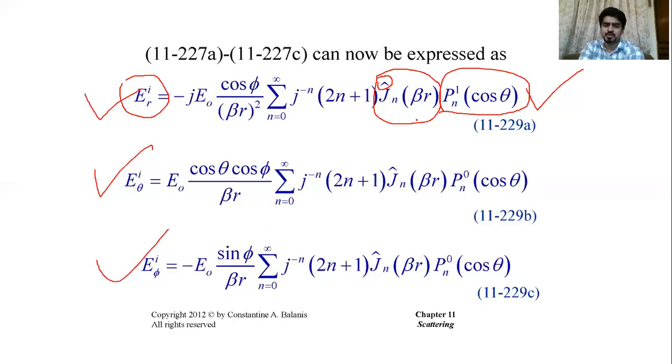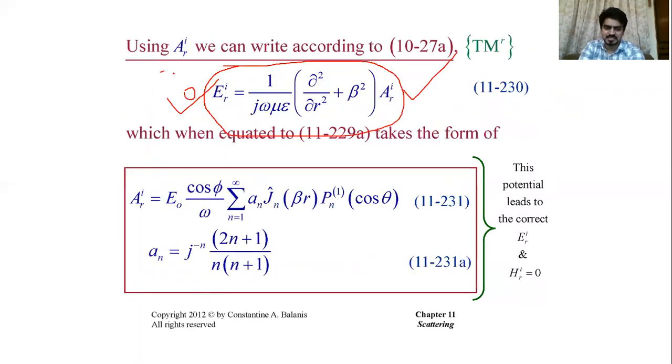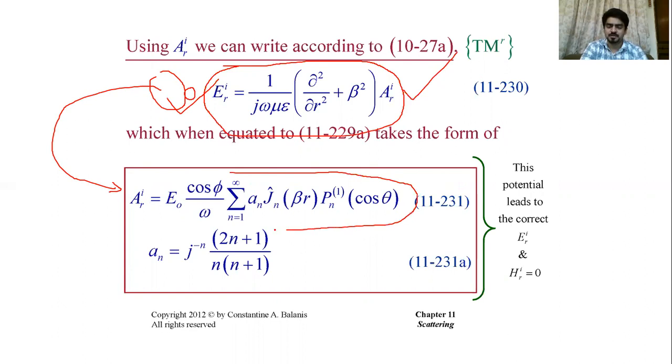So what we do is we will equate this equation and this equation. When we do that, we will be able to write down the expression of A_r in terms of an infinite summation of Schelkunoff spherical Bessel function and the associated Legendre function, where a_n is given by this expression.